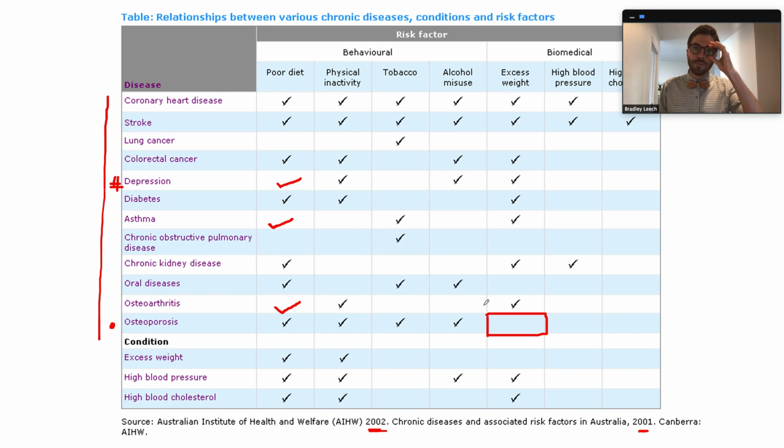So a healthy weight does support with osteoporosis. However, there's been research to say that potentially those who are heavier in the younger years could actually have a protective factor for osteoporosis later on in life.